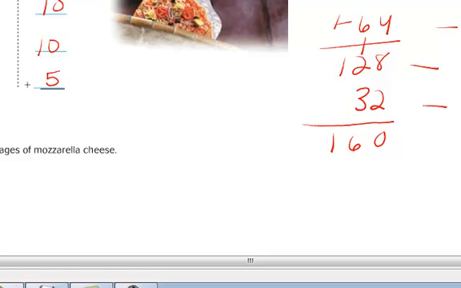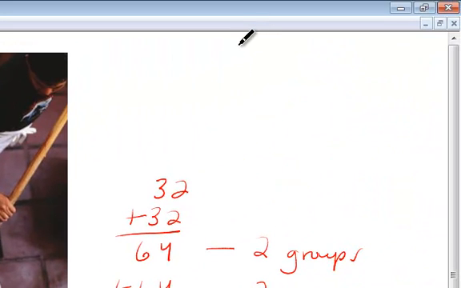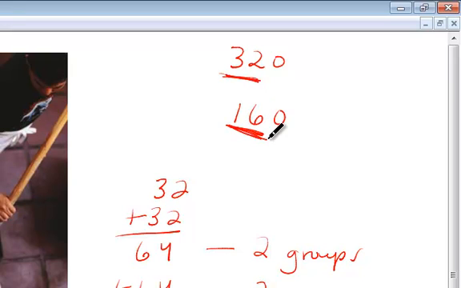Now there's another way that you can look at this. The other way you can look at this is, imagine that this 320, think of it as 32 tens. Look at this 160 and think of it as 16 tens. Can you see that 16 is half of 32?